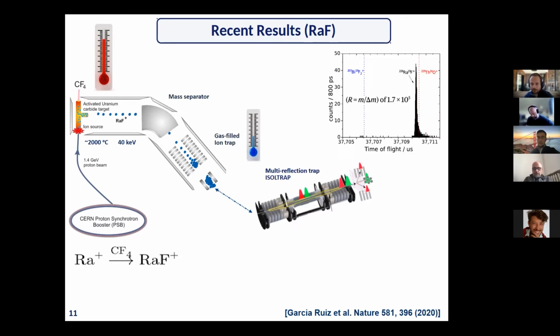So co-trapping can be a good one, and groups like Santa Barbara are doing that, right? So I think that will be a good step, and we are all the time doing traps. One of the developments is to have a cryogenic trap that I will show later on, where we trap the molecule and try to do the studies there. But for spectroscopy, that's very hard, right? When you want to do the first spectroscopy, it will be very hard because then you don't even know if you create the molecule.